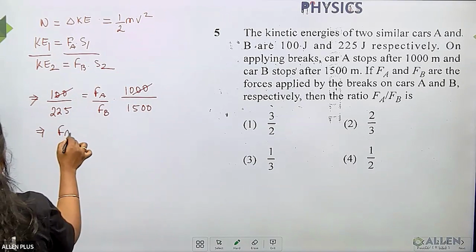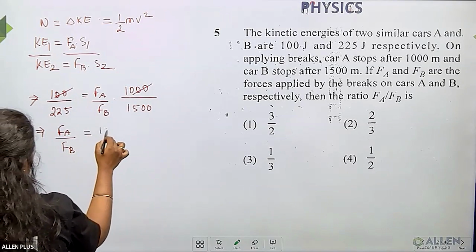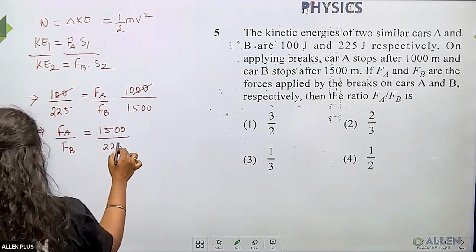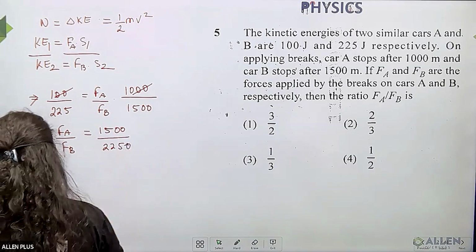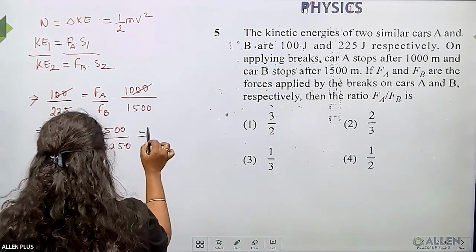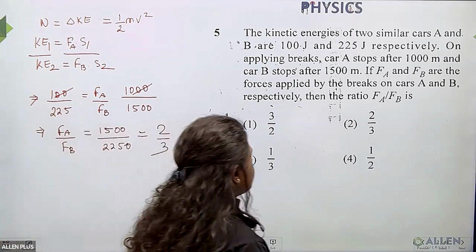From here, I would be obtaining FA by FB is equal to 1500 divided by 2250. So this is getting equated to 2 by 3, which is our final answer.